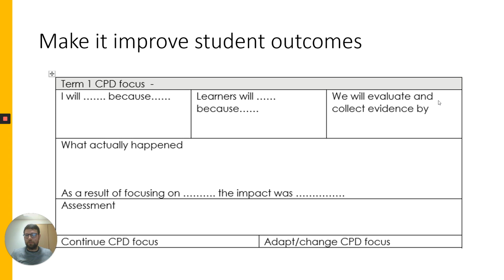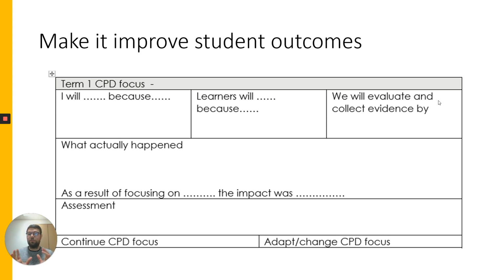So we ask them to explicitly say what they will do, what the learner will do and because, and how it'll be evaluated. Now, this is really, really important. The reason it's important is because quite often people start a CPD journey and then about 4, 5, 6, 7 weeks down the line realize that it isn't really going to affect students, and it's really, really hard to evaluate.